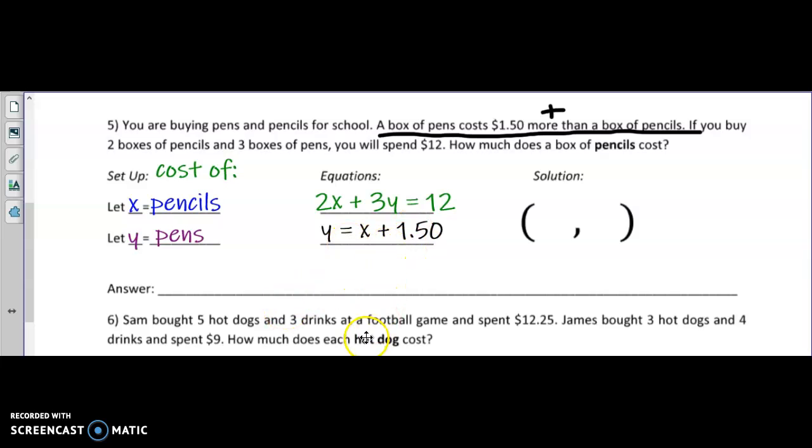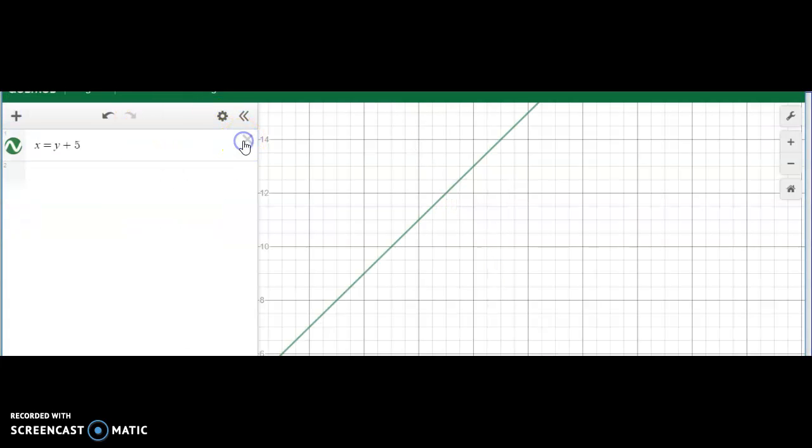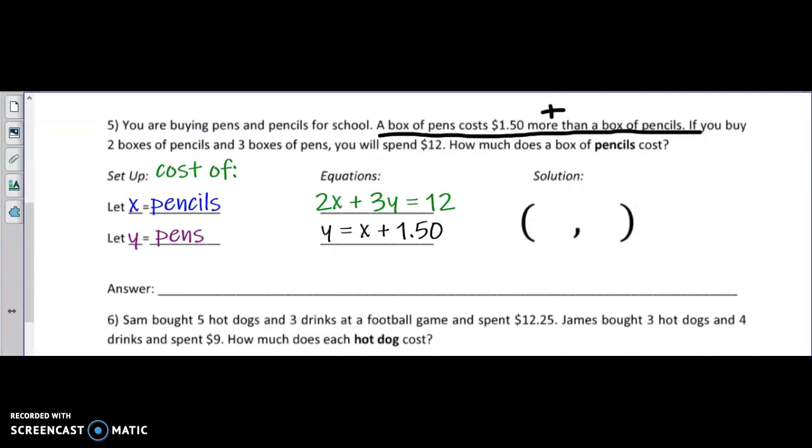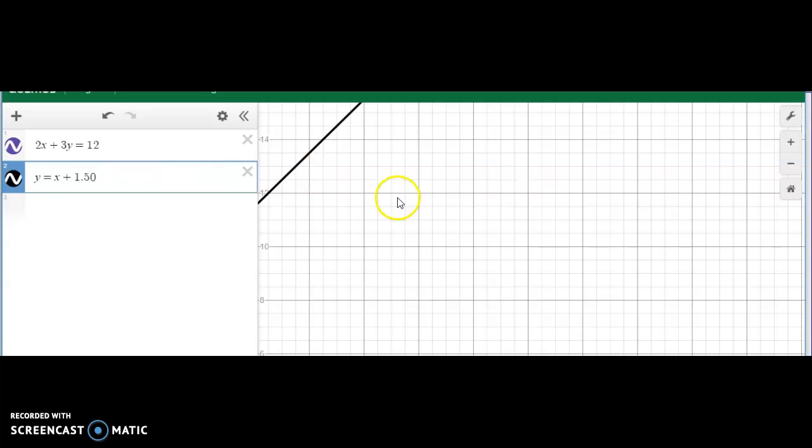They cost $1.50 more. When I type those two into Desmos, you do 2X plus 3Y equals 12. And Y equals X plus 1.50.